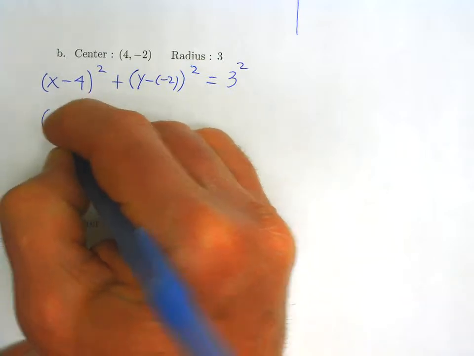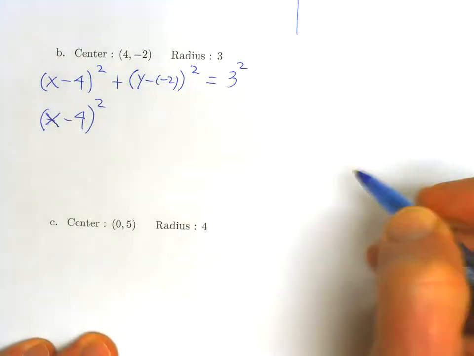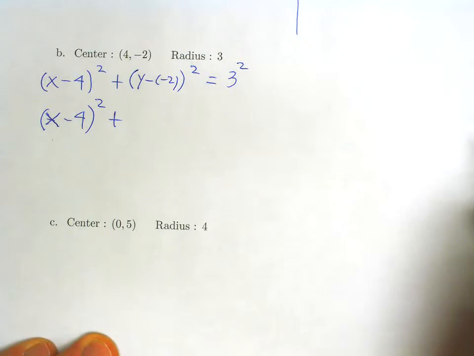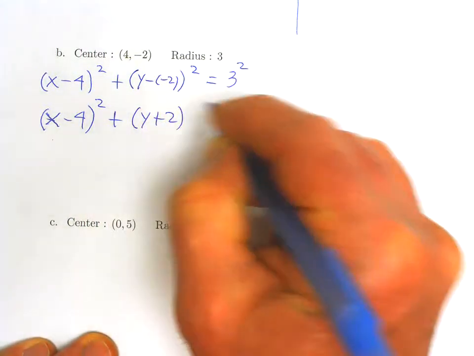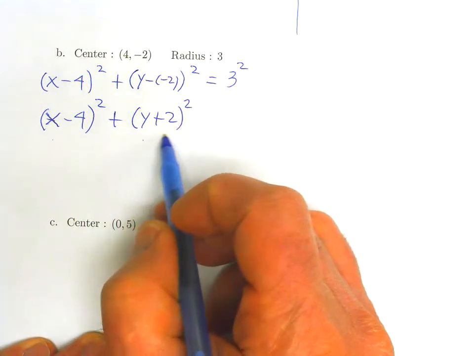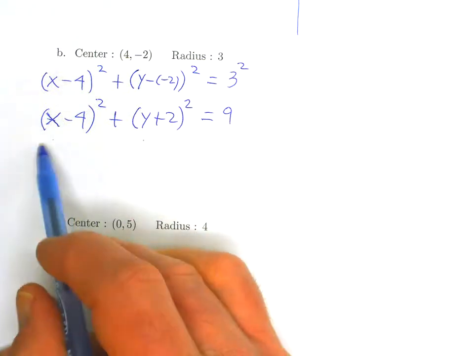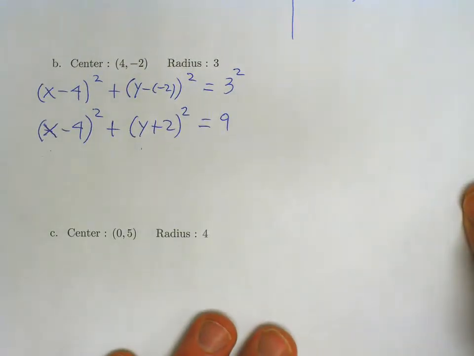The x minus 4 squared is already as simplified as we can get it. Y minus negative 2 is the same as y plus 2. So we write y plus 2 quantity squared, and then 3 squared is 9. So this is the standard equation.